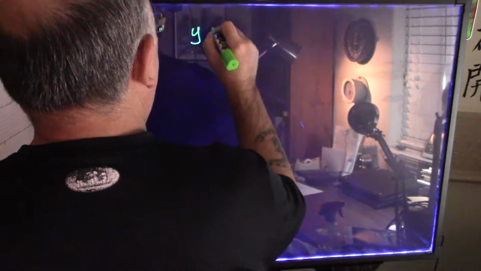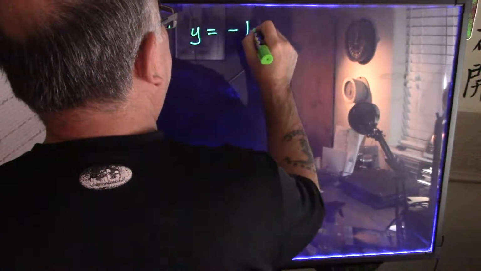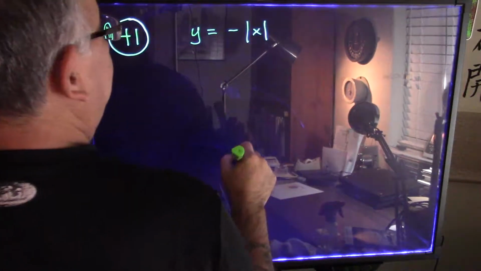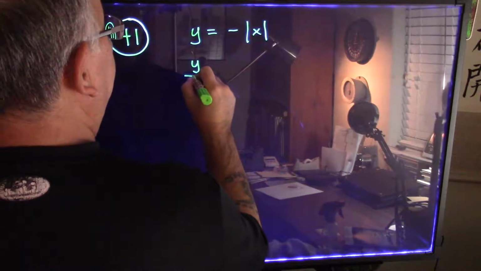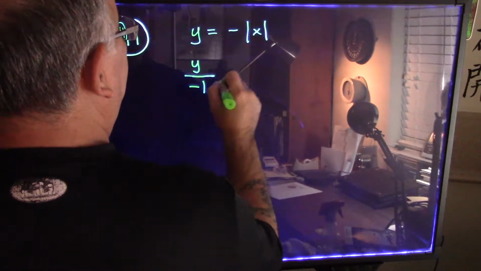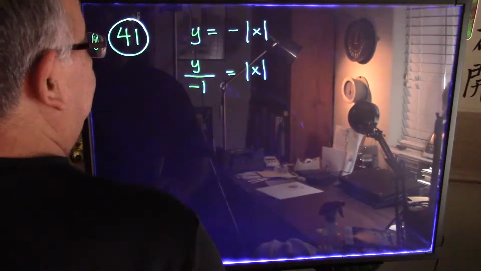Number 41. For the following exercises, graph the given functions by hand. So we have y equals negative absolute value of x. So you divide both sides by negative 1, you get y divided by negative 1 equals absolute value of x.